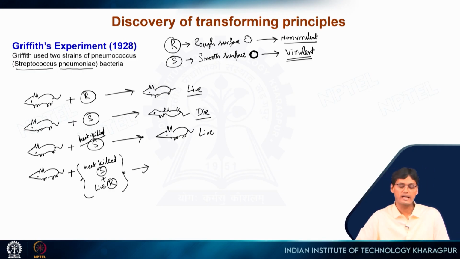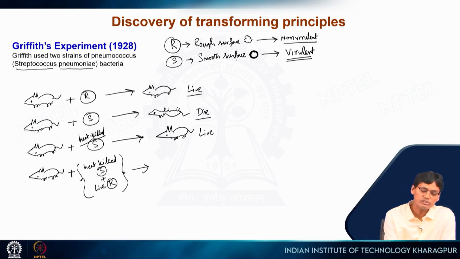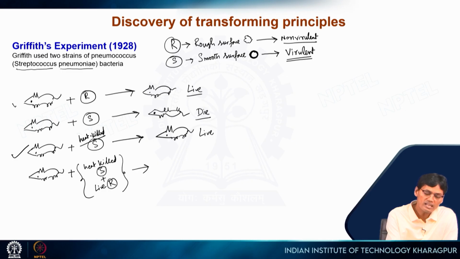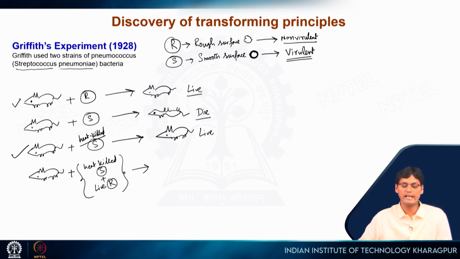The result was surprising, because individually, heat killed bacteria cannot cause the disease and the mouse survives. Similarly, only the R strain also cannot cause the disease.